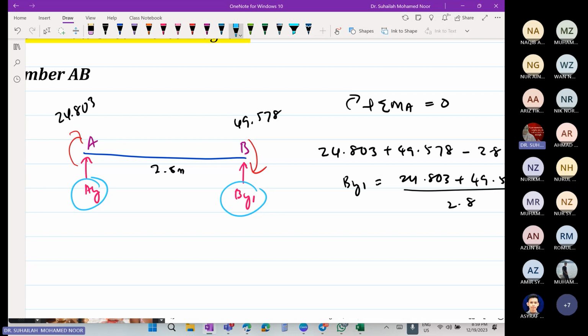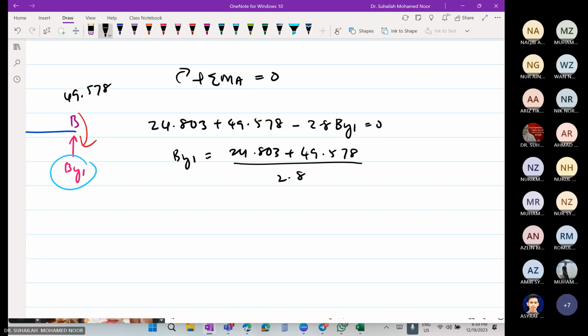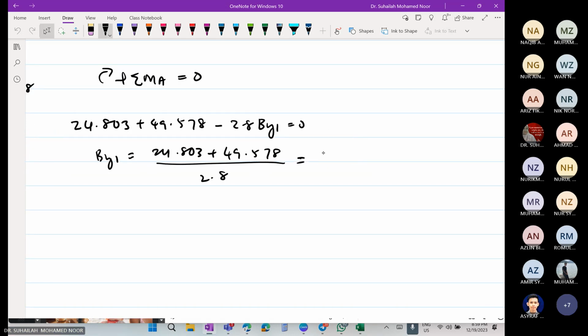It is just the shear value. It is 26.565 kilonewton.